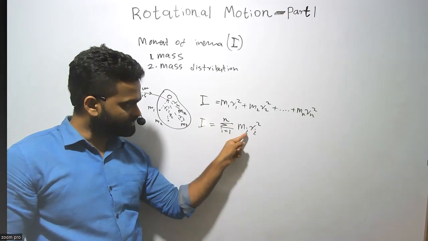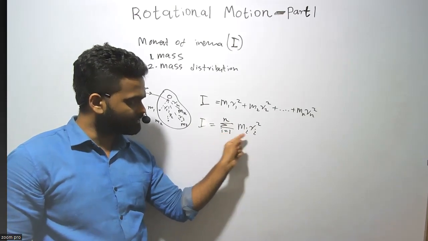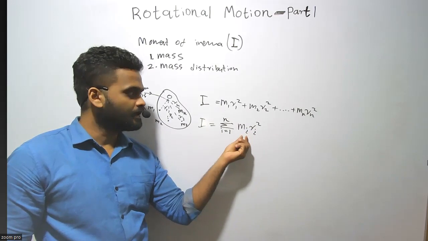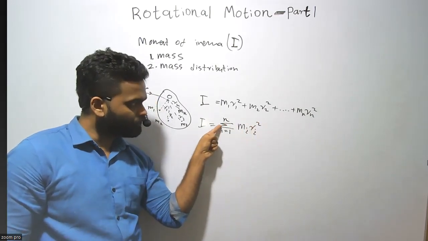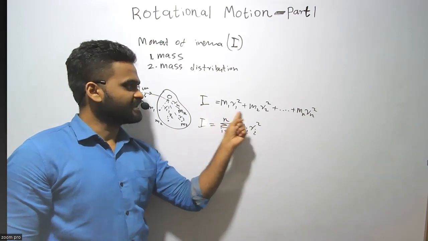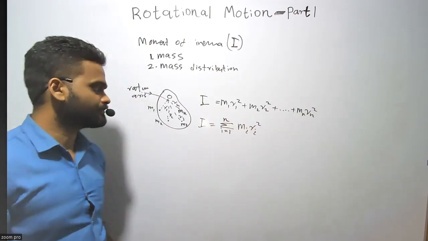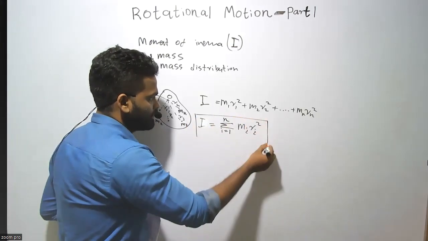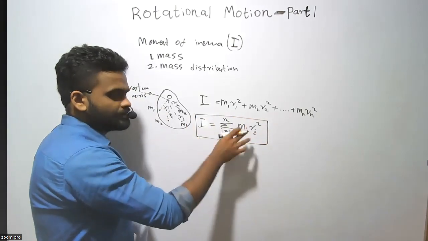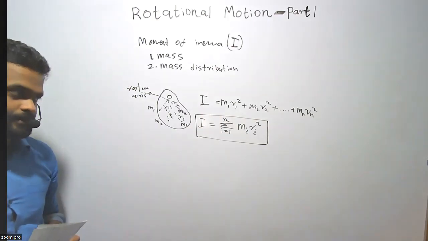From 1, you just have to substitute 1, then 2, 3, 4, 5, 6, likewise up to n. Then take the sum of all those. So it's the same thing as here, right? We have written it using this symbol.